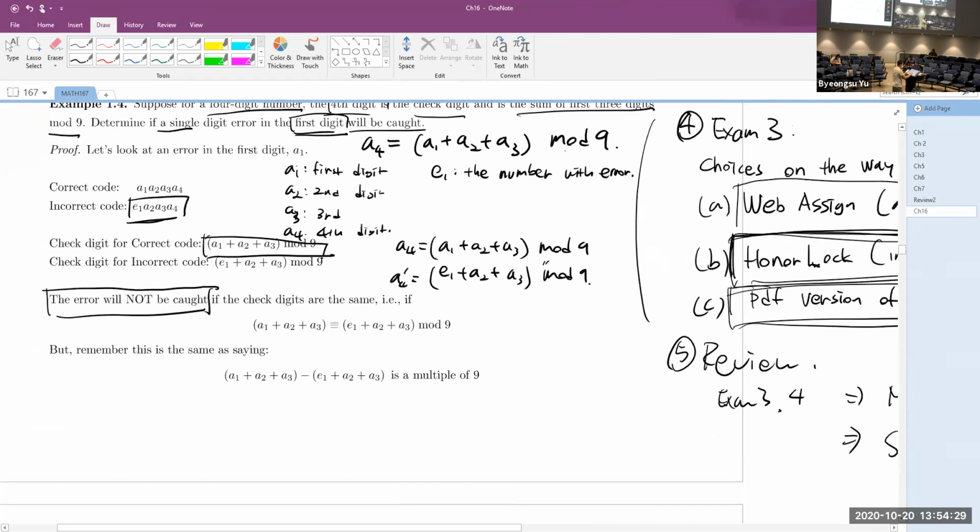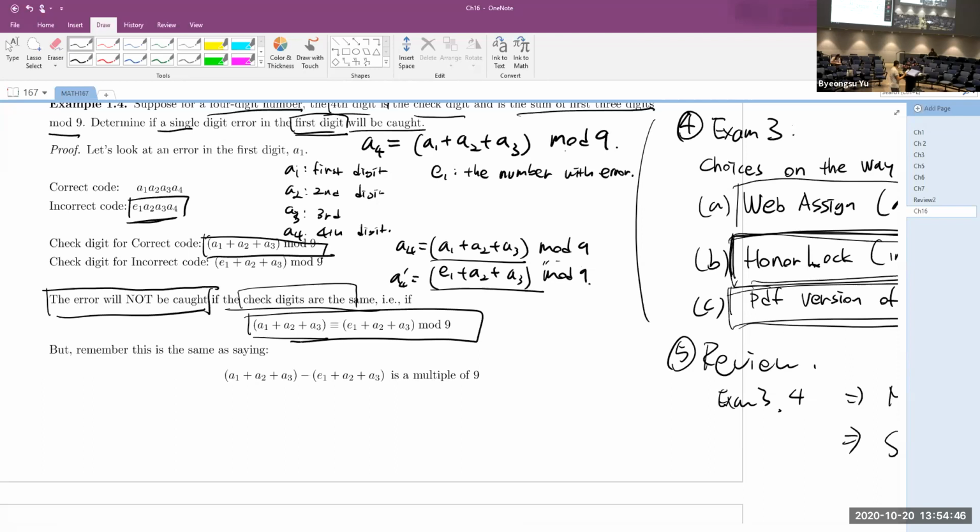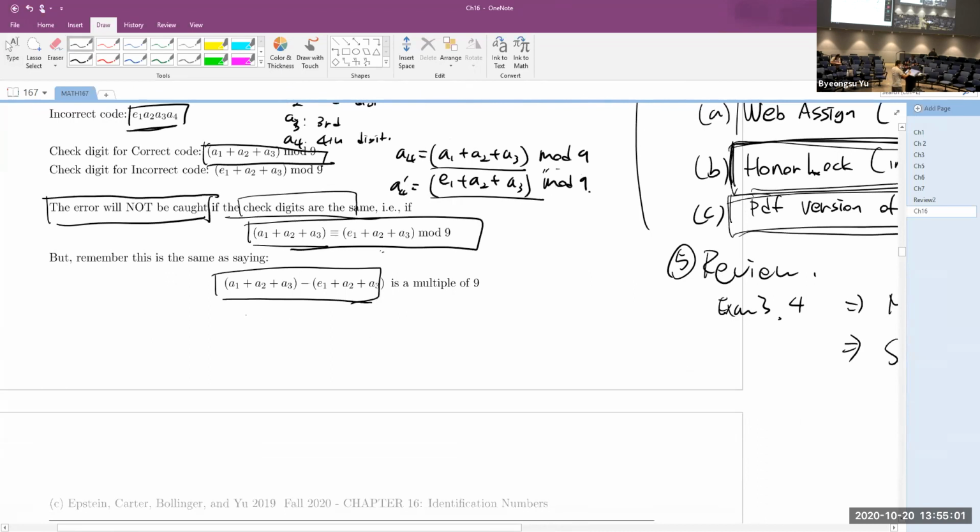So if these check digits are the same, that is, if A1 plus A2 plus A3 and E1 plus A2 plus A3 are the same mod 9, that's how we get the formula that A1 plus A2 plus A3 is congruent to E1 plus A2 plus A3 mod 9. But this is the same as saying the difference between them is a multiple of 9. From here, you notice that A2 is canceled out and A3 is canceled out. So this is just the same as A1 minus E1 is a multiple of 9.